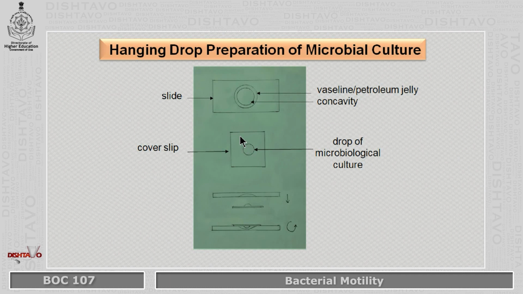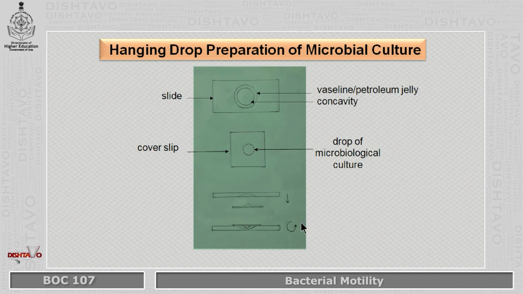Then we need to apply petroleum jelly or Vaseline at the four corners of the cover slip. Then place the cavity slide over the cover slip in such a way that the cavity covers the microbial drop. Then we have to apply gentle pressure on the slide so that the petroleum jelly which is present will seal the cover slip and slide together to prevent the evaporation of the microbial culture.